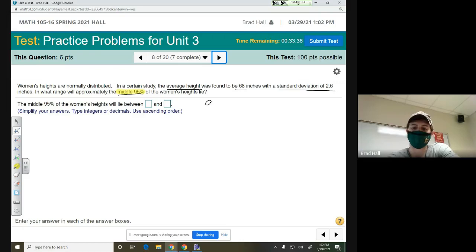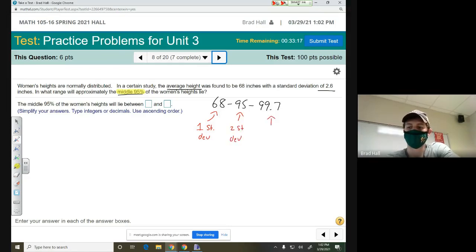There's something called the 68, 95, 99.7 rule. What this rule tells you is how many standard deviations you look at from the mean. This is one standard deviation. This one's two. Next one's three. 99.7 is just part of the rule.